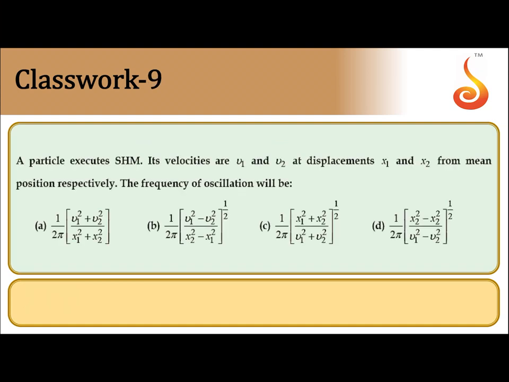Next one. A particle executes SHM. Its velocities are v1 and v2 at displacements x1 and x2 from mean position respectively. The frequency of oscillation is, okay, x1 v1 and x2 v2 from the mean position.